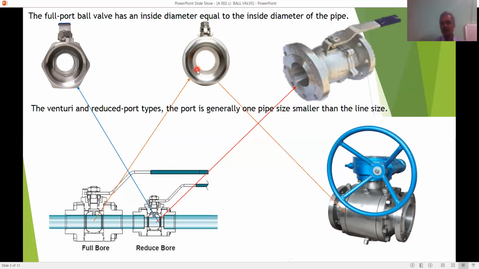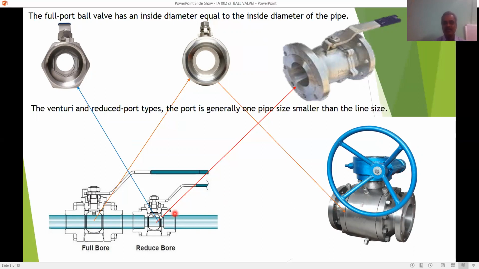If it is a 4 inch valve, through and through it will be 4 inches only. Upstream side inlet, downstream side outlet, both sides are 4 inches only. See the valve from the side, you can see it looks like this. This is a full bore ball valve.